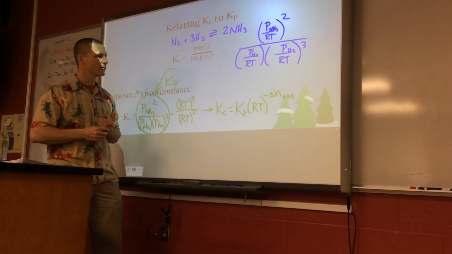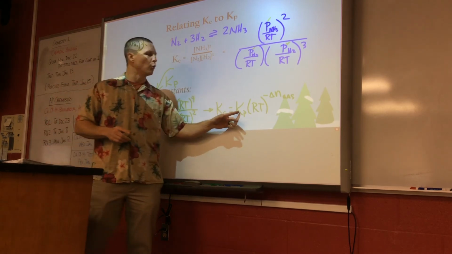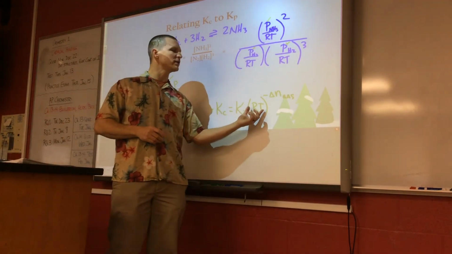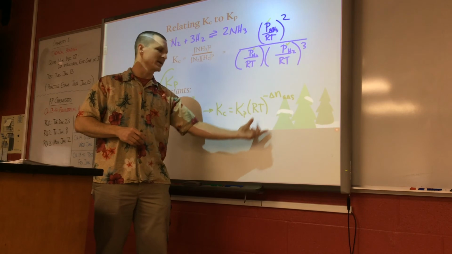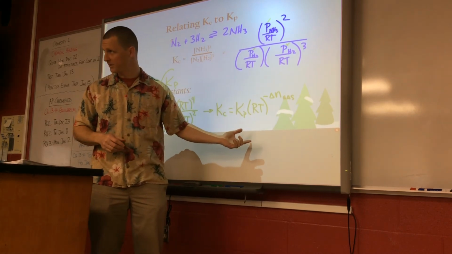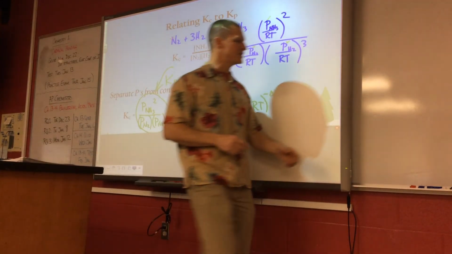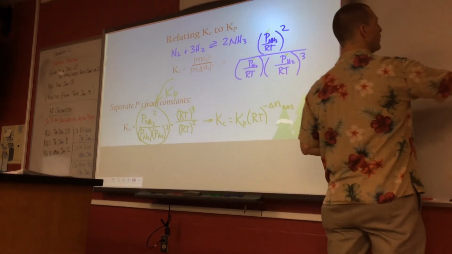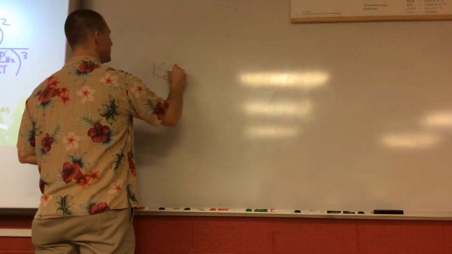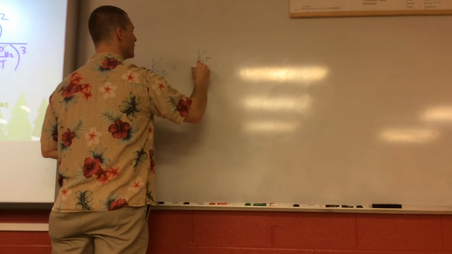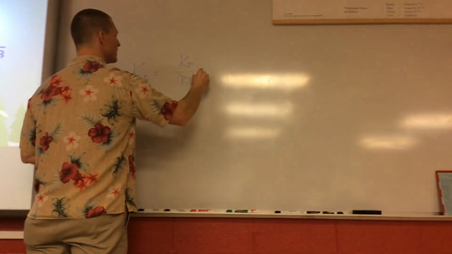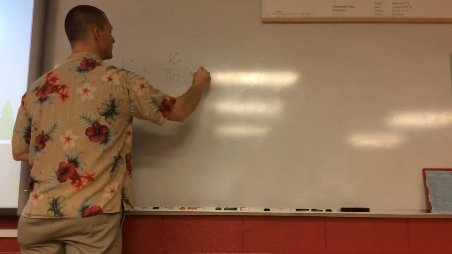Now, what does it look like when you have RT to a negative power? RT really is in the denominator with that delta N power, right? How about if we solve it for KP? Right now we have KC equals KP over RT to the delta N gas power.